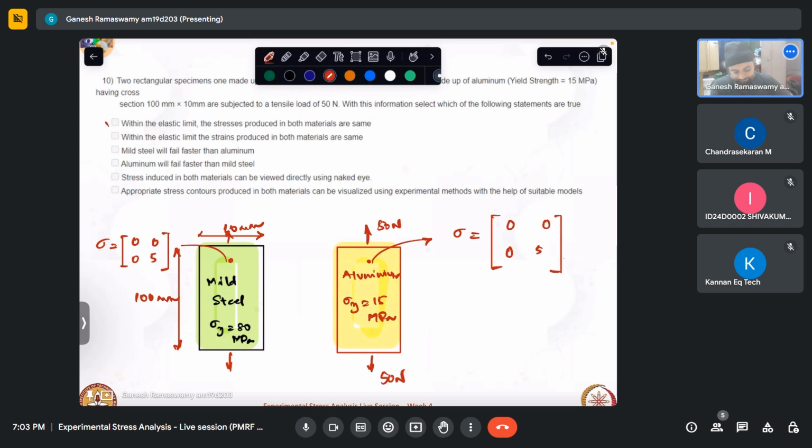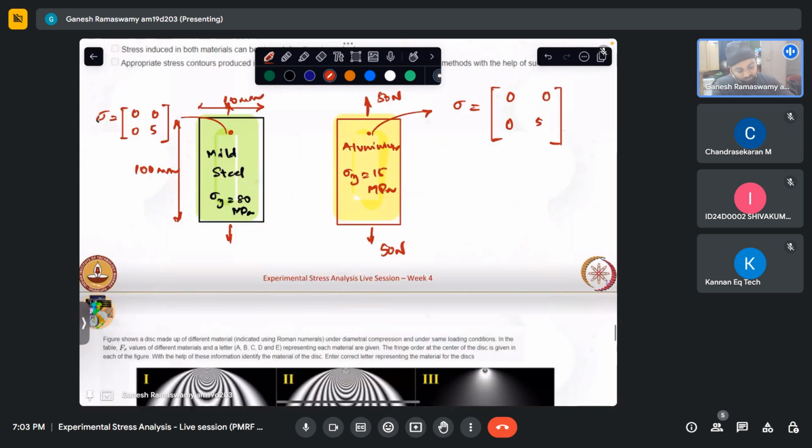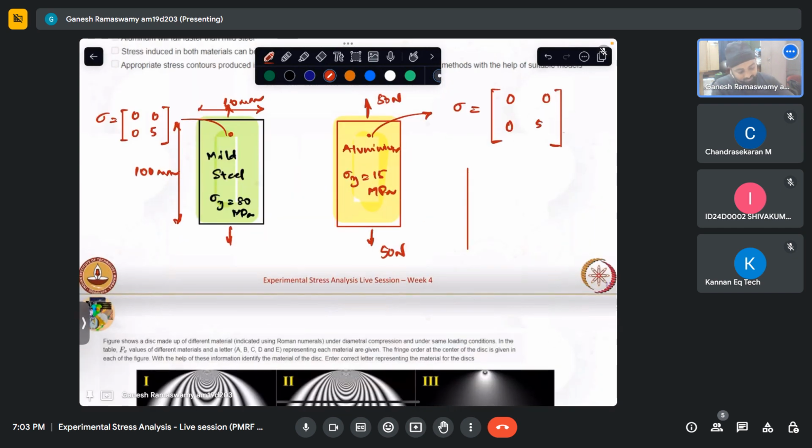Within the elastic limit, the strains produced are the same. Now, if we take the graph of mild steel, it is like this. E is 210 around. And aluminium is only one third. It has E around 70 GPa or so. So this is the stress strain curve.